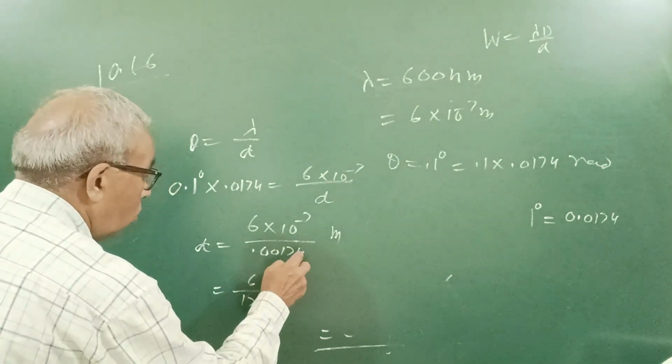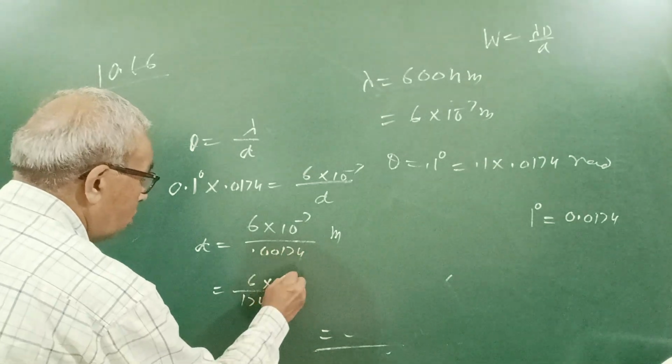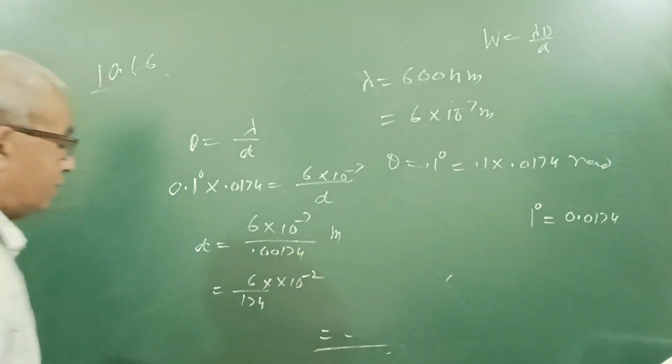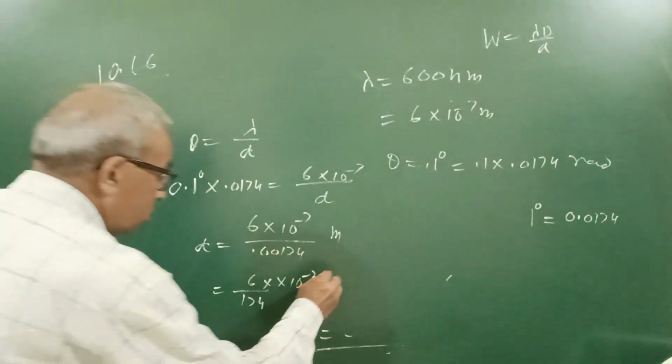6/174 into 10 to the power minus 5, तो 10⁻⁴ देगा मीटर.